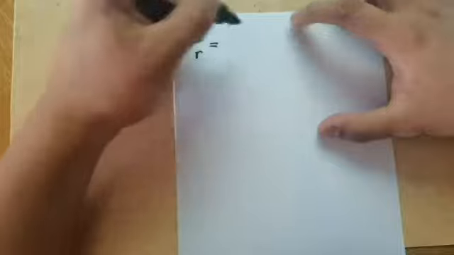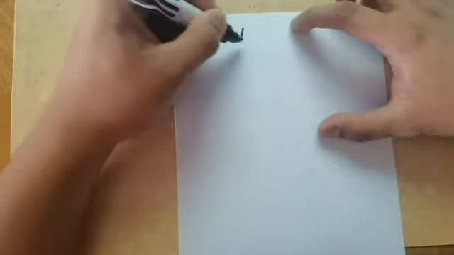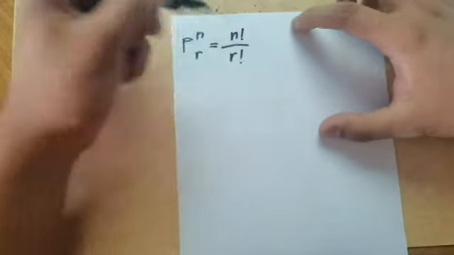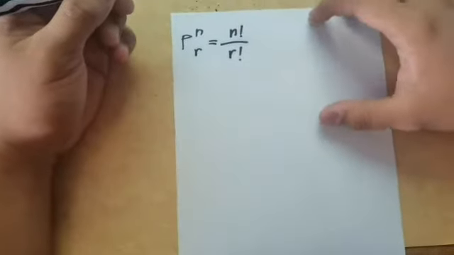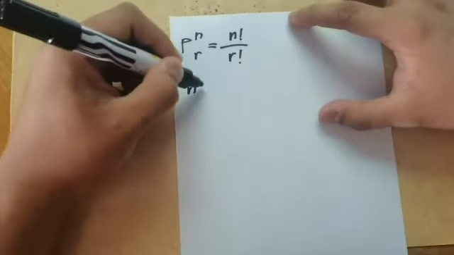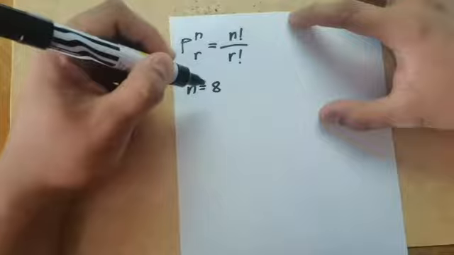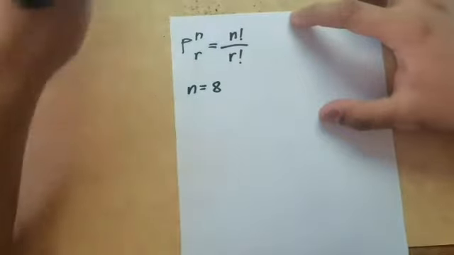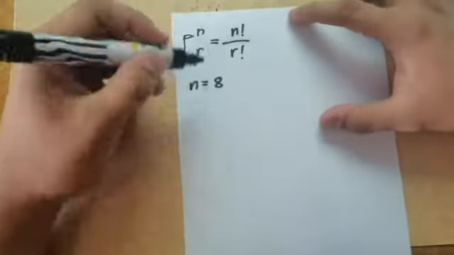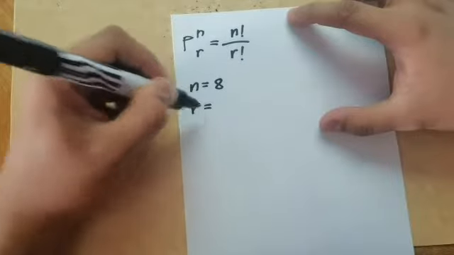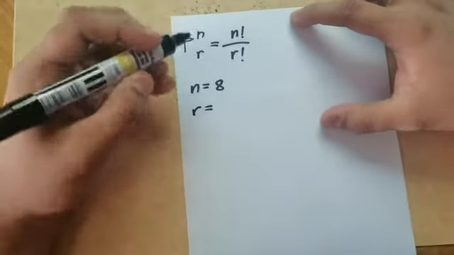Permutation goes P n r, which also means n factorial over (n minus r) factorial. In the problem, n is 8 locations, 8 different locations, and r is 4.